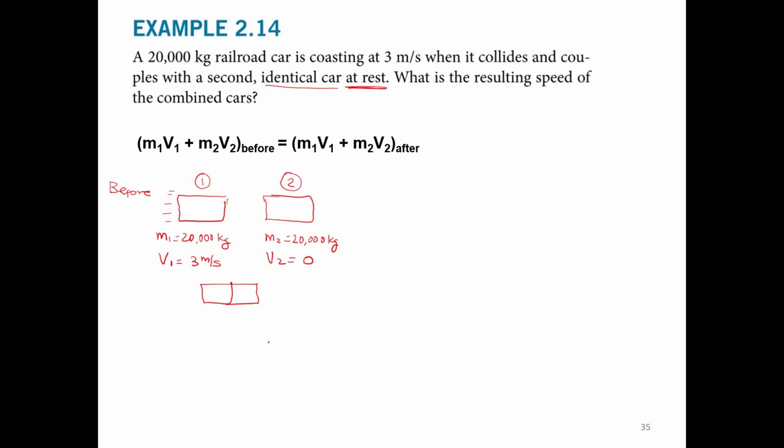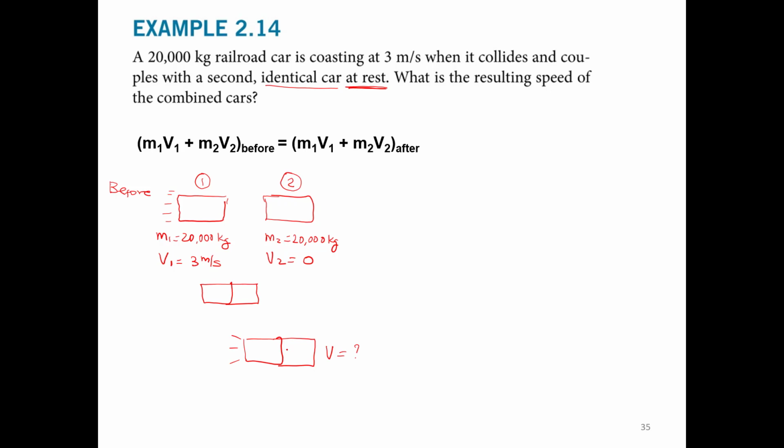And these cars, they move together. And we want to know what is the speed of the combined cars. And we want to know what is the speed that both are moving. The speed of the system of both cars.